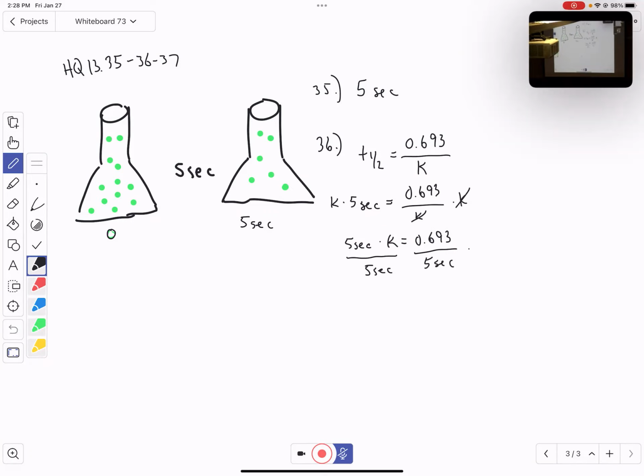This is a first order rate law, so our rate constant should have units of inverse seconds, which it does. 0.693 divided by 5 seconds, I get a rate constant of 0.1386. We would probably be good with 3 significant figures, so a rate constant of 0.139 inverse seconds would be sufficient for question 36.